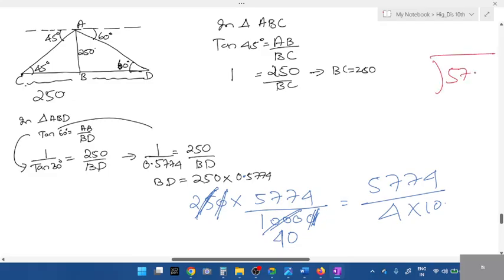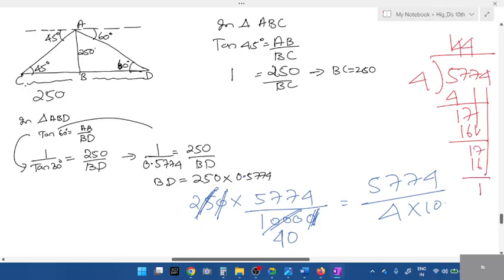Take 5774, students. I'll show you the calculation. What they have done in textbook, that is complicated. This is the easiest one. 4 ones are 4. 16. Next. Remainder 1. Bring down this 4.